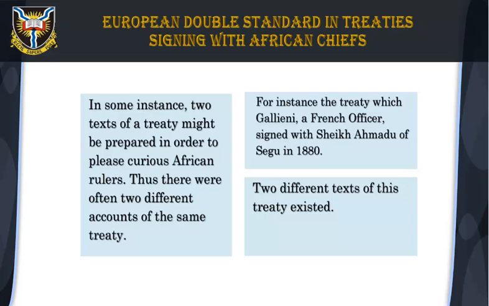European double standard in treaty signing with African chiefs. In some instances, two texts of a treaty might be prepared in order to please curious African rulers. Thus, there were often two different accounts of the same treaty.